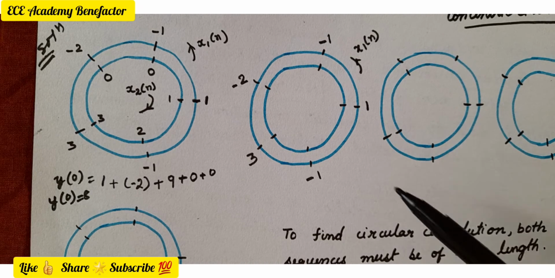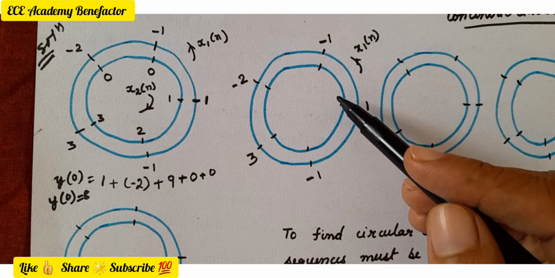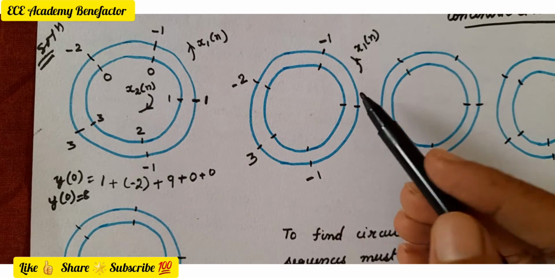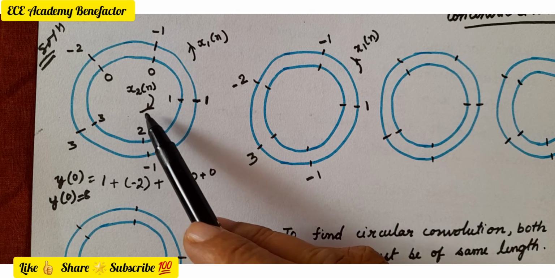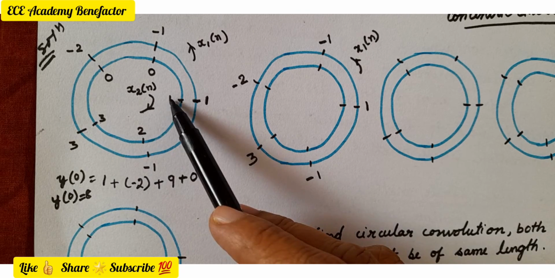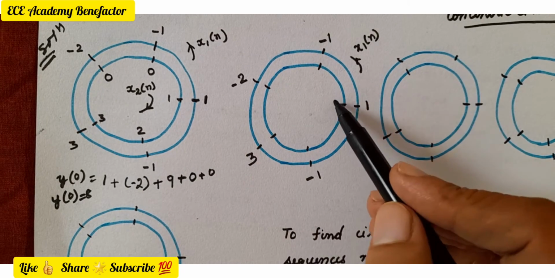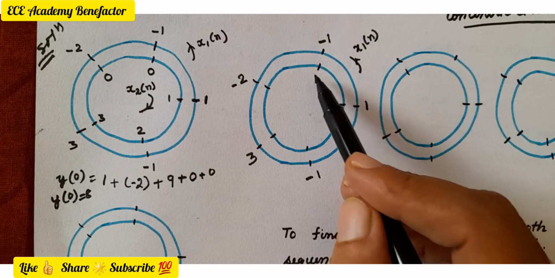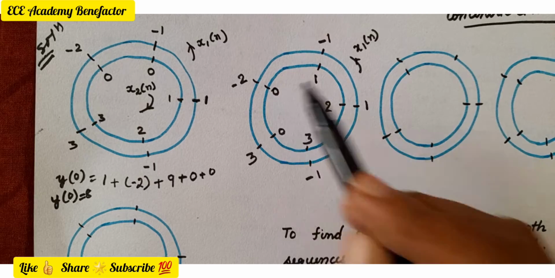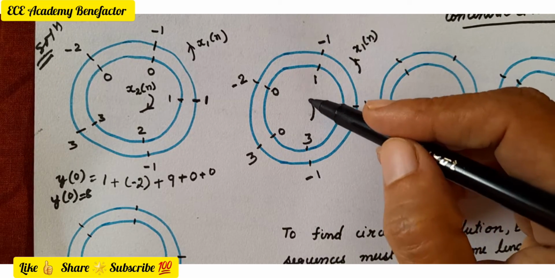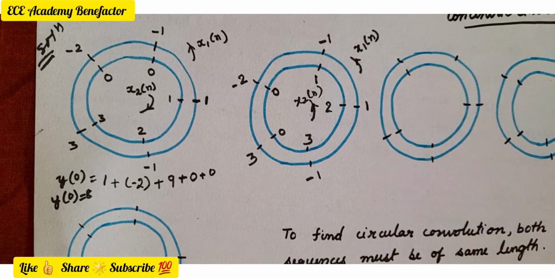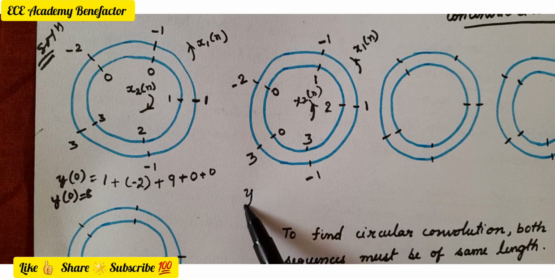In the inner circle, we plot x2 of n, and now we rotate the inner circle one step anti-clockwise. By rotating it, the 1 is shifted here, the 2 is shifted here, then 3, 0, 0. So we have rotated x2 of n one step in the anti-clockwise direction to get y of 1.